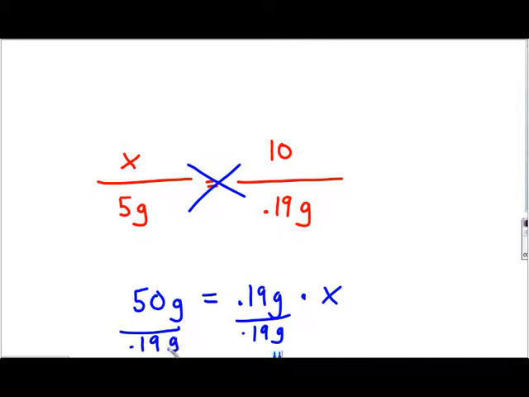The grams cancels out, so 50 divided by 0.19 is equal to 263. And so if you have a 5 gram bag of rice, and each grain of rice weighs 0.019 grams, there's going to be about 263 grains of rice in a bag.